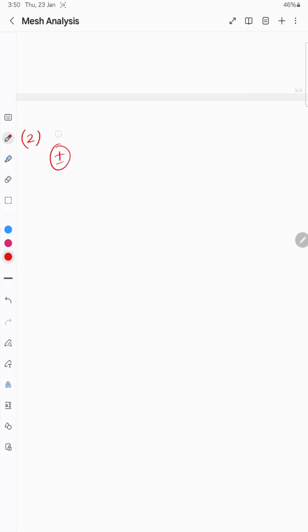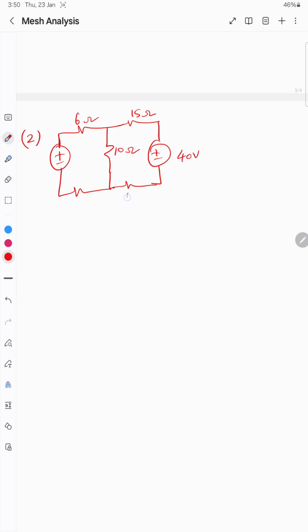You take another circuit. Okay, right. So the question is, find the mesh currents.